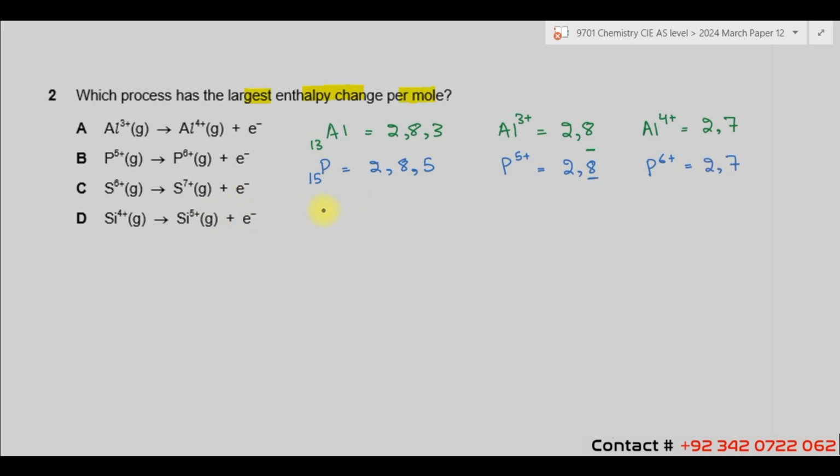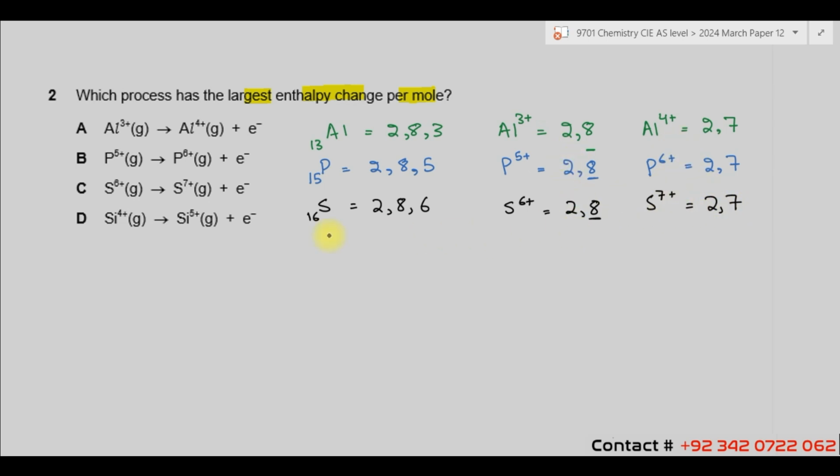Sulfur 16, so 2 8 6, as 6 positive, 6 electrons are lost. Sulfur 7 positive, an electron is removed from this shell.